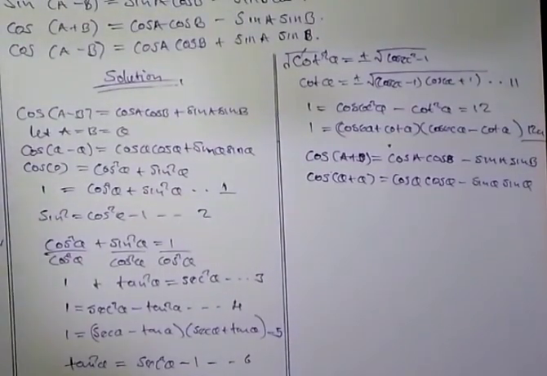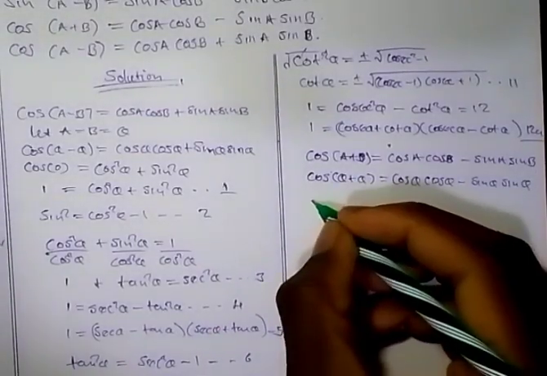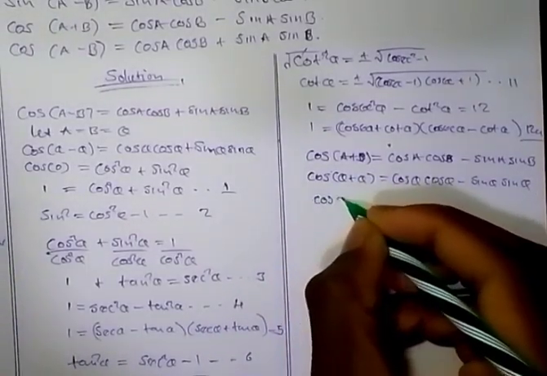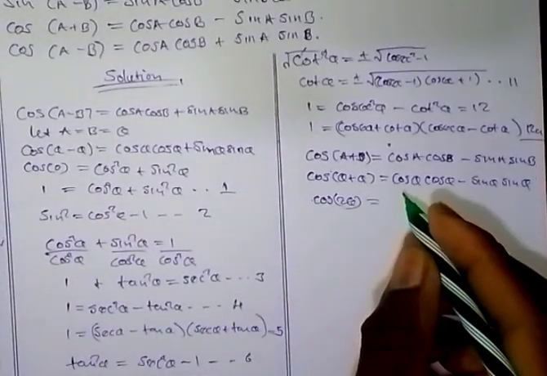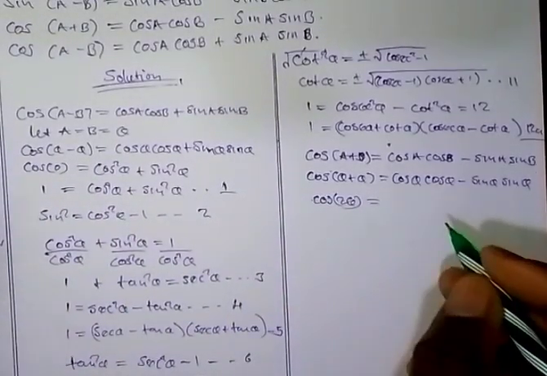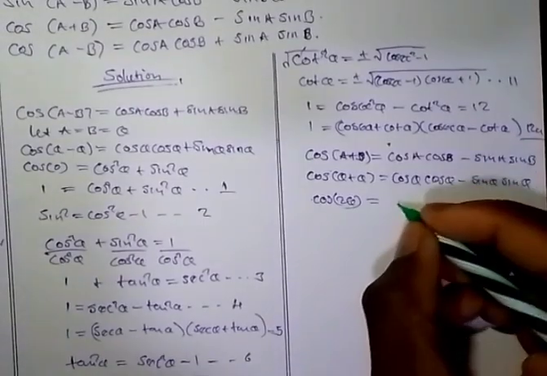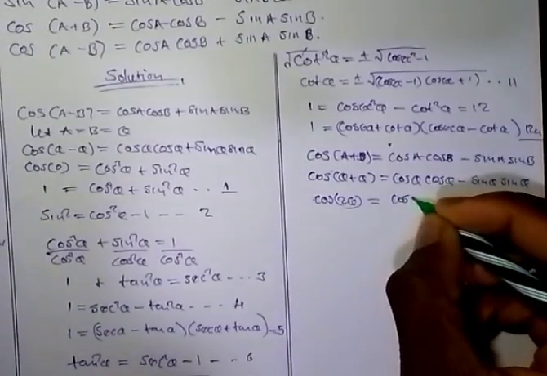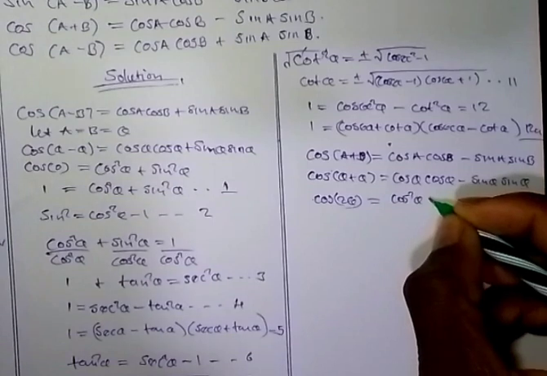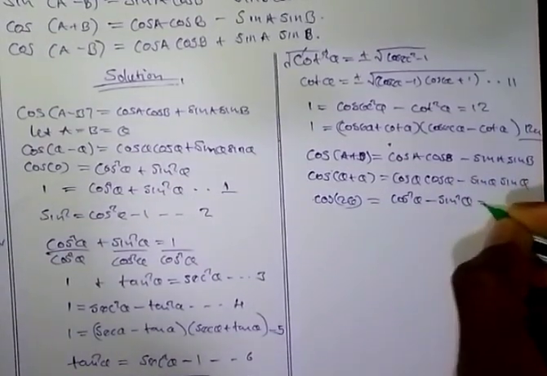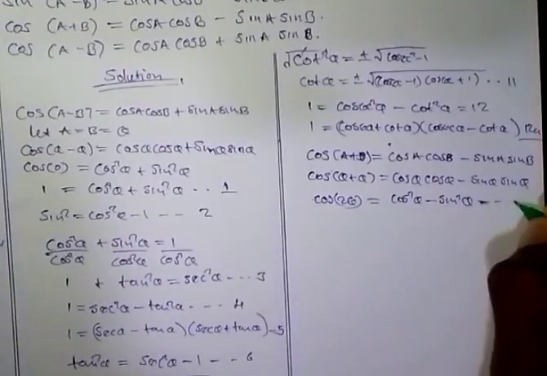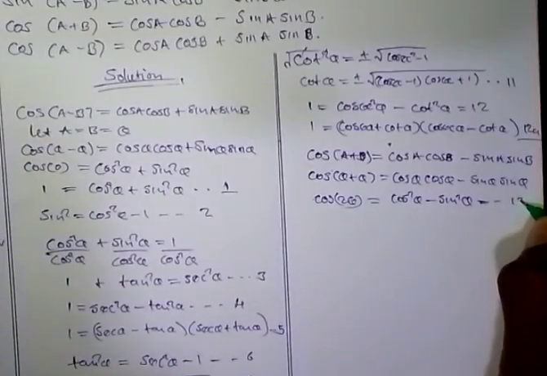From this we see that this becomes cos 2 theta is equal to cos square theta minus sin square theta, and this would be equation number 13.